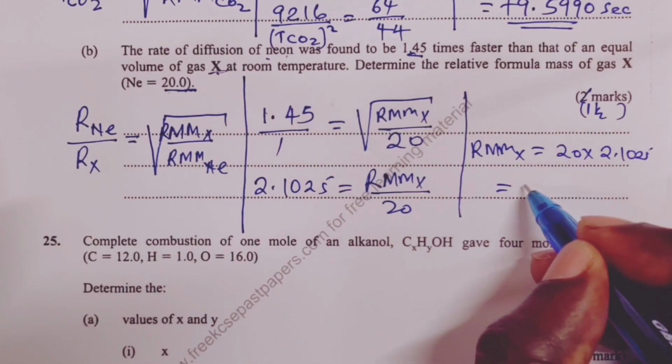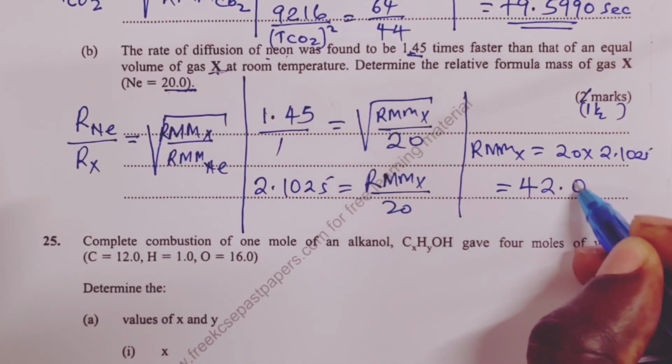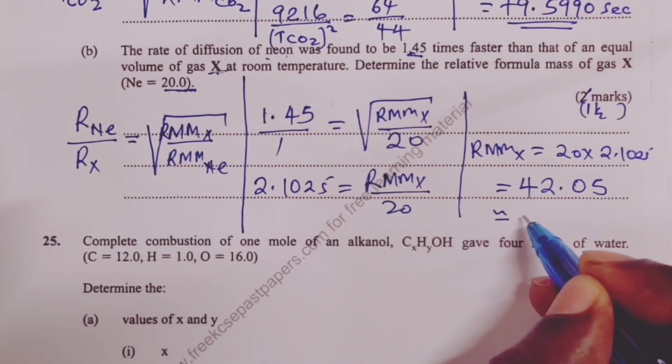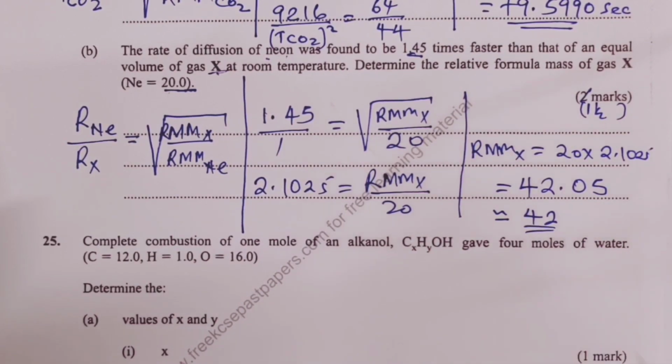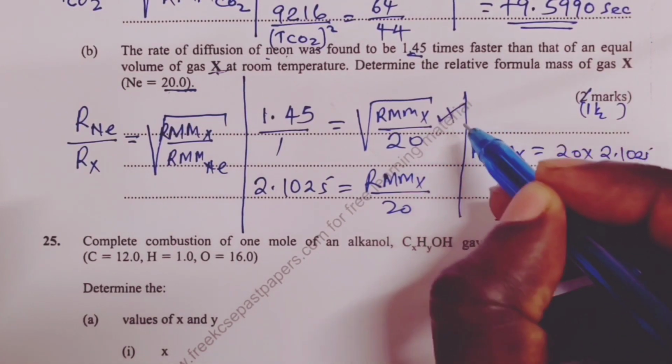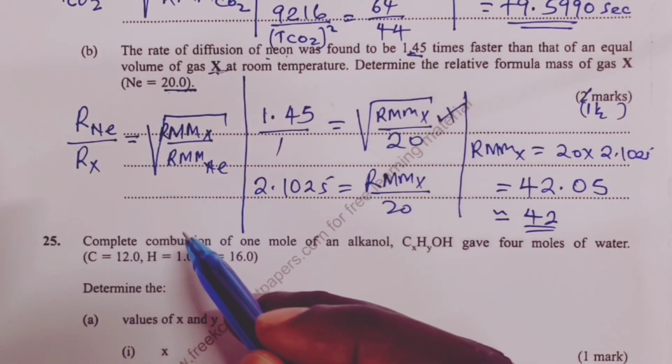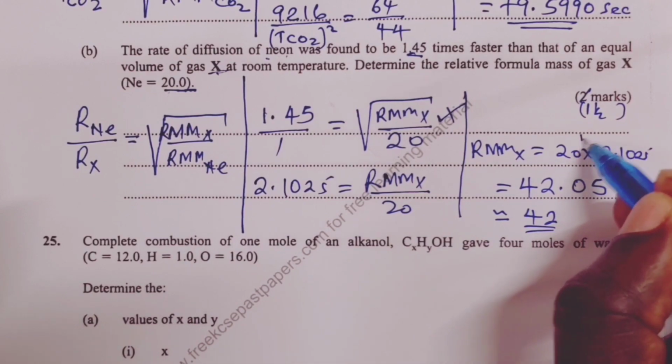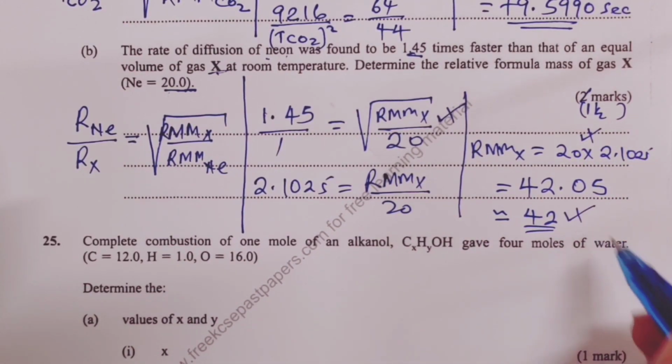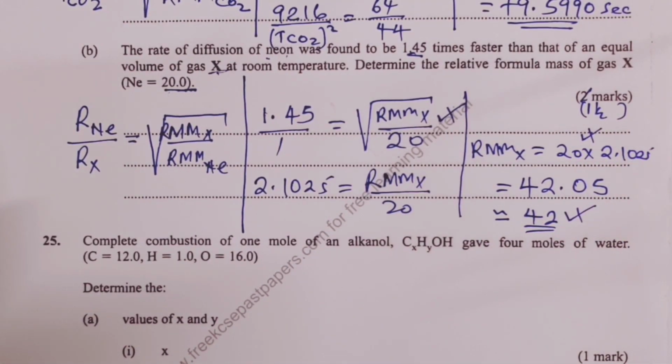This gives an answer of 42.05. We can approximate to be 42. When it comes to award of marks, substituting the values in the formula, half a mark, multiplication by 20, half, and final answer, half, of course without units.